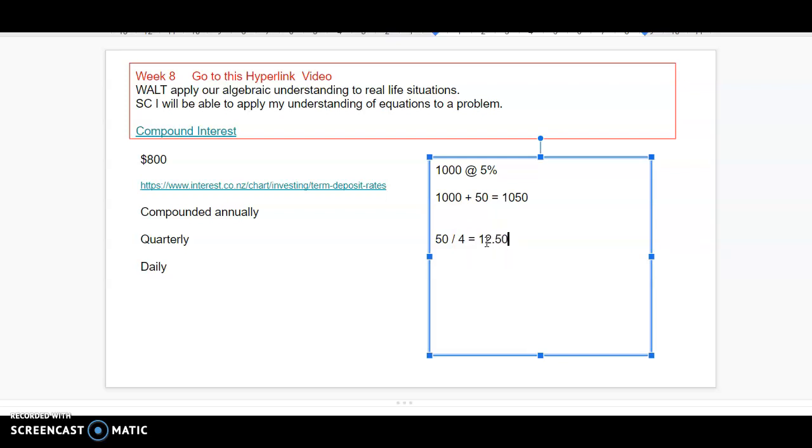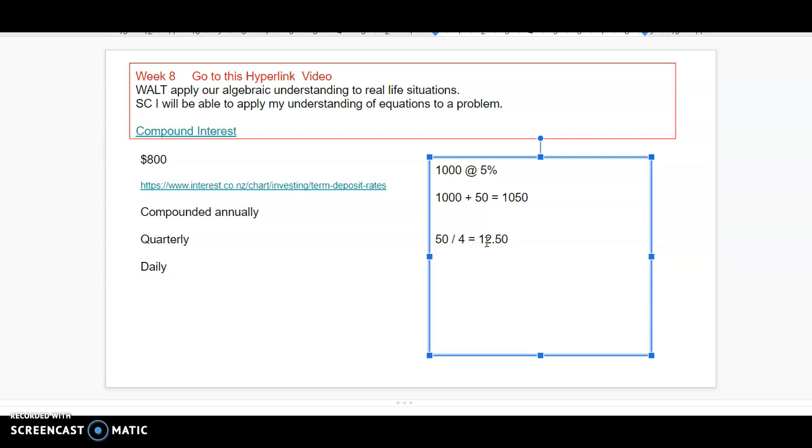You would add that onto the $1,000, work out the interest rate of 5%, divide it by 4 and add it on. You're going to keep doing that for the 4 quarters, and then you can work that out for each year. Now, there's an algebraic equation for that to save you working it out each time. See if you can come up with it, because it will make things a lot easier and you'll be able to do it quite quickly.